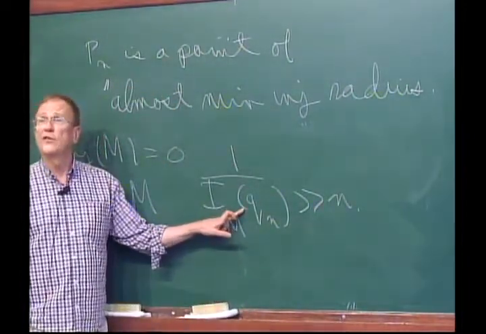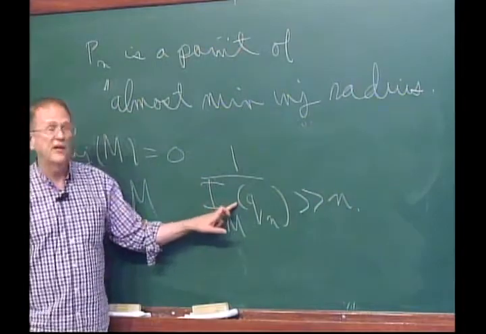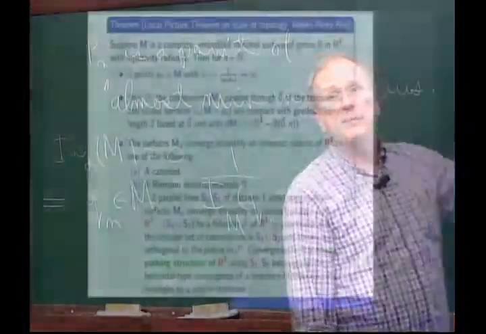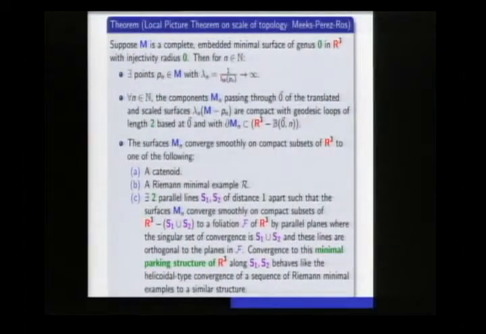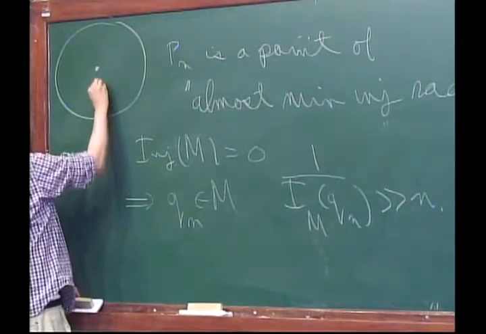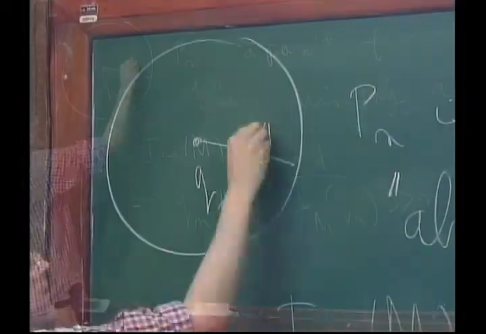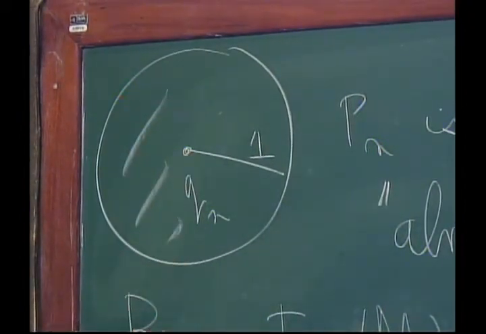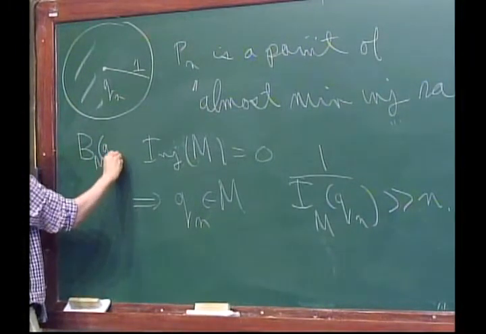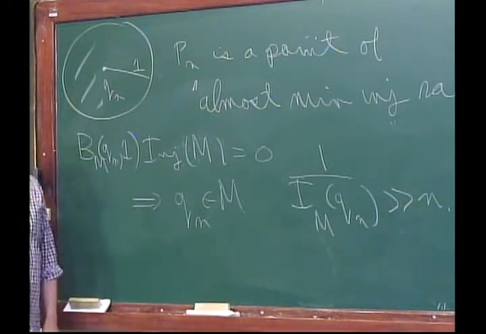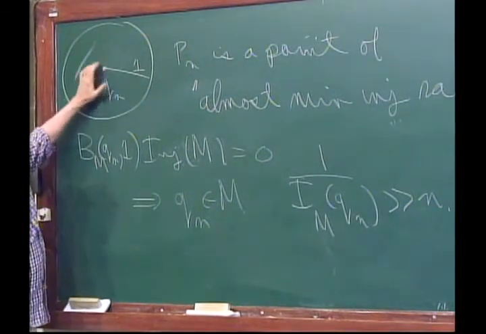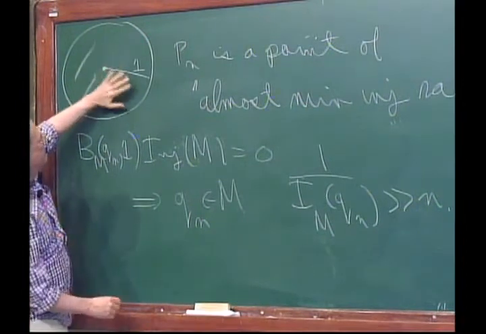The injectivity radius function is very small, so 1 over the injectivity radius function is very big. And remember, these are the numbers we're going to scale by. Okay? Here's a point qn. I restrict myself to the intrinsic ball centered at qn of radius 1. So that may or may not be a disk. Well, it won't be a disk, I guess, in general.